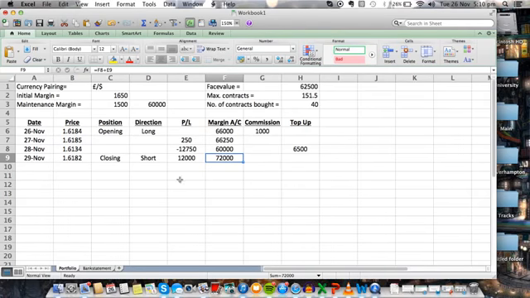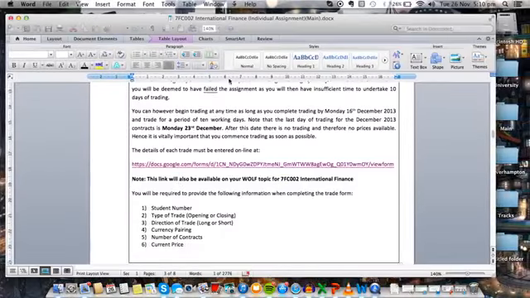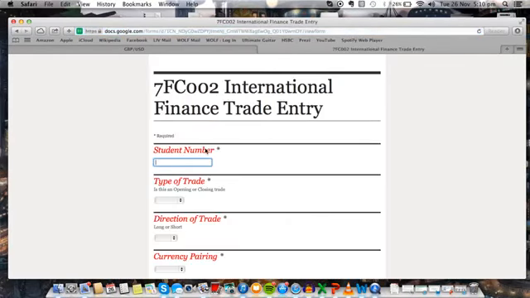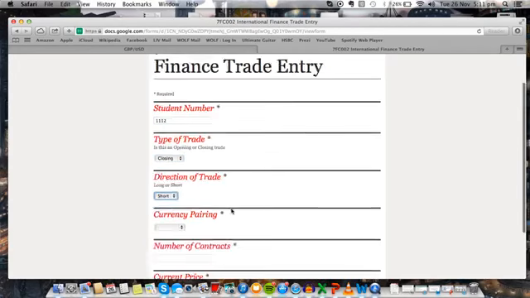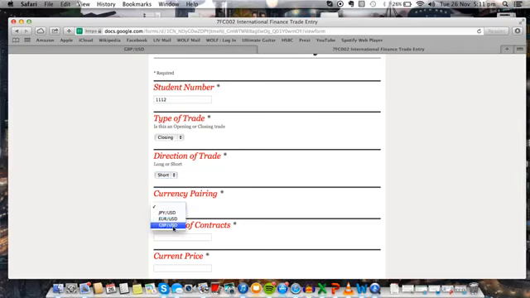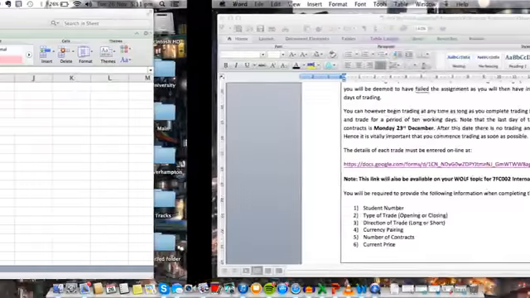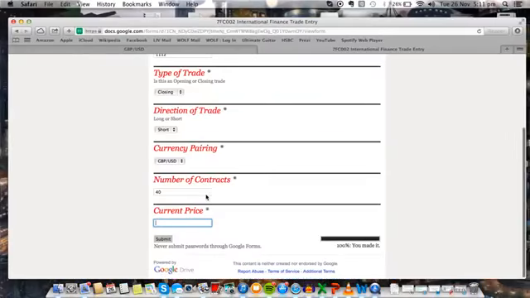Note that when you close the position as well, you'll also have to tell me. So you'll have to go back to this website here. Once again, student number, type of trade, in this case it's now closing. Direction, you went long initially, so now you have to go short to close out the position. Pound dollar, number of contracts, you have to close it out entirely. And the price is 1.6182.